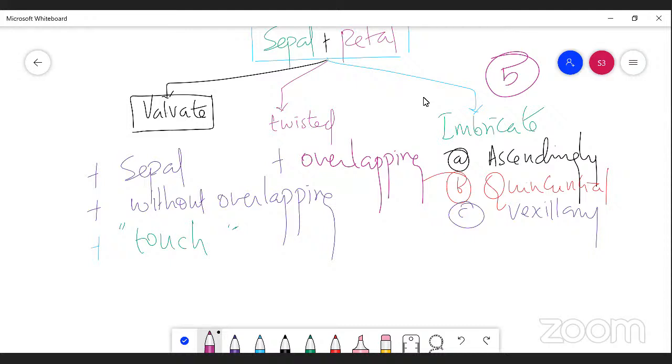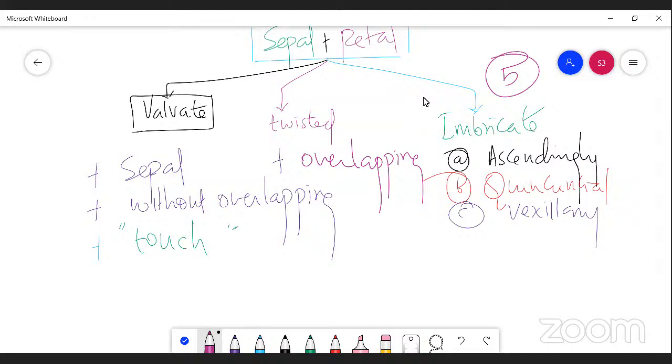The remaining 3 petals or sepals are in and out. That means one end of every petal or sepal is exterior, and the other end may be interior in nature. So that is called the imbricate distribution, right?